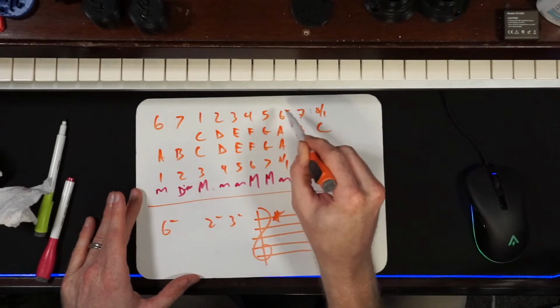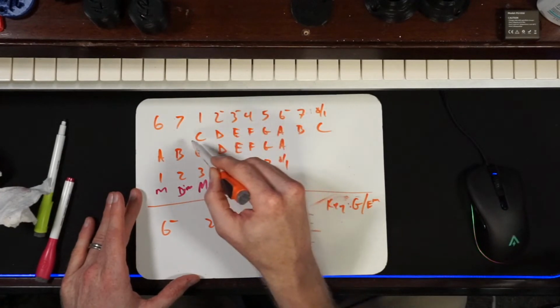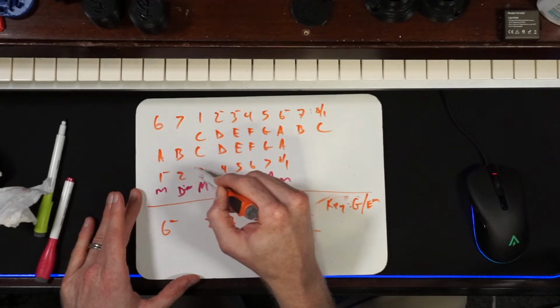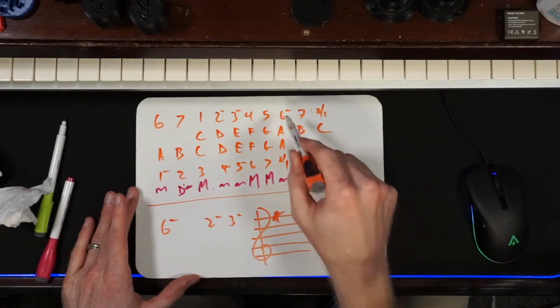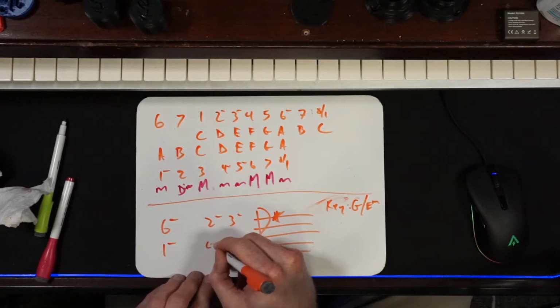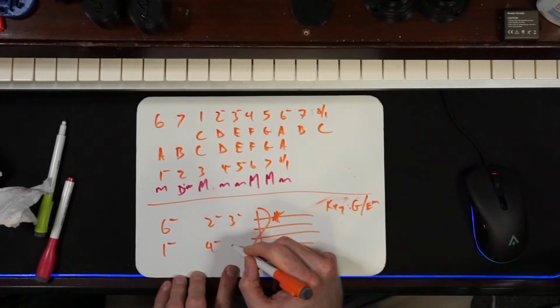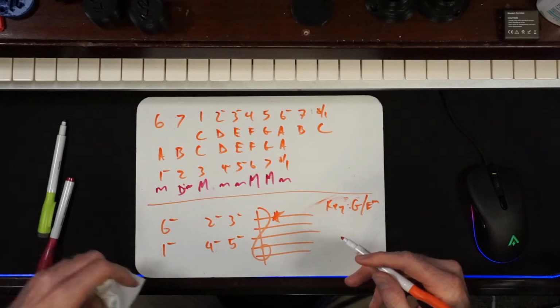I'm going to just write these in here. I'll just write the minuses for these. Instead of saying that this is a 6 minor, we're going to write this out as the 1 minor and the 4 minor, and then the 5 minor. It can work that way.